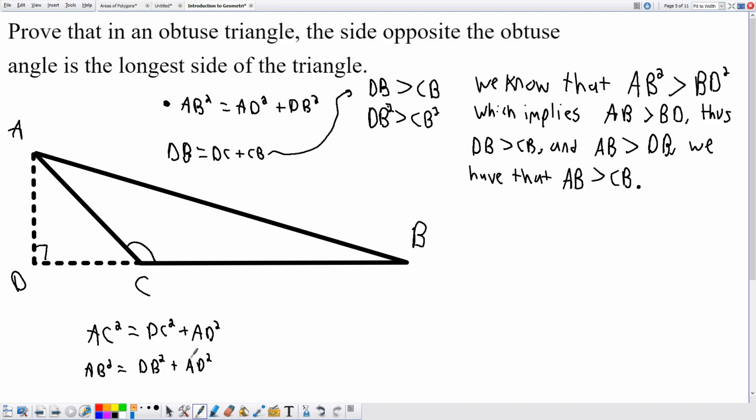Now let's compare these two. They both have the value of AD. But which is greater, DC or DB? Well, obviously DB has to be greater, because DB squared is the same thing as the length of DC plus BC, squared, and then we have our plus AD squared.